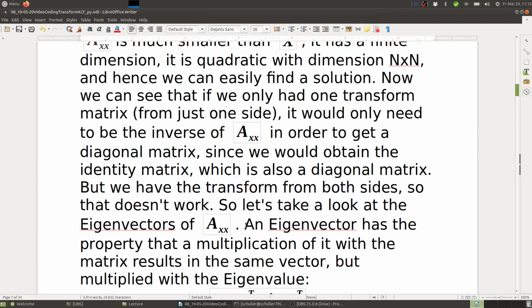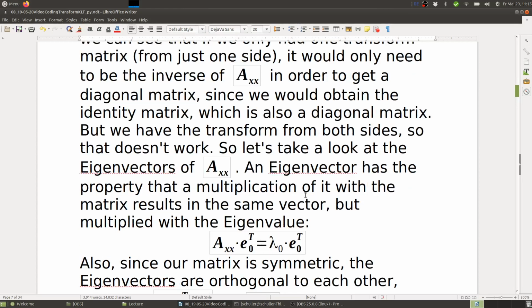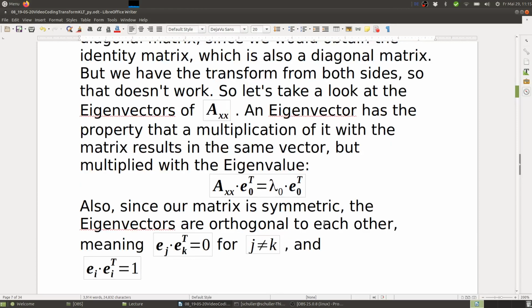An eigenvector has the property that a multiplication of it with a matrix results in the same vector, but multiplied with an eigenvalue. So this is what you know from linear algebra.